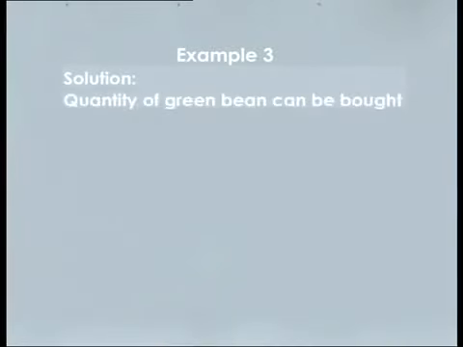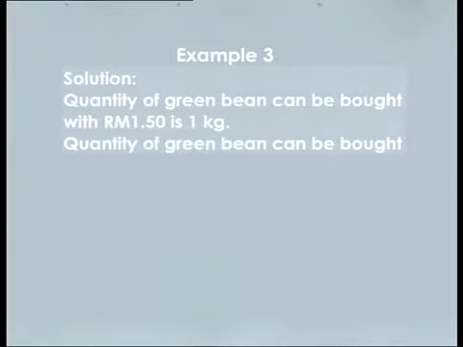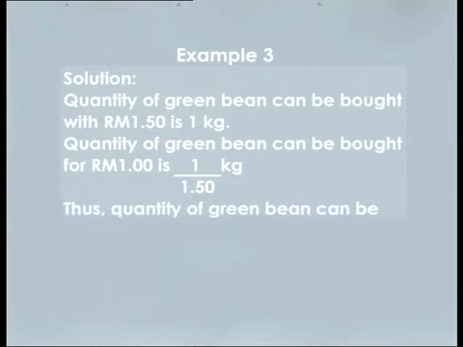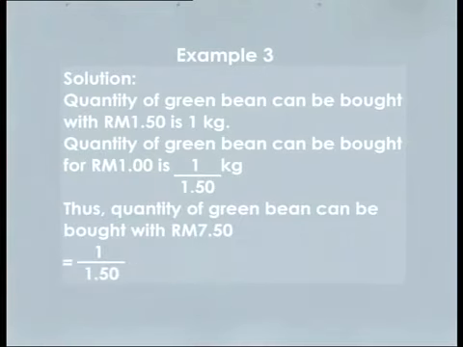Quantity of green bean that can be bought with 1 ringgit and 50 cents is 1 kilogram. Quantity of green bean that can be bought for 1 ringgit is 1 over 1.50 kilogram. Thus, quantity of green bean that can be bought with 7 ringgit and 50 cents equals to 1 over 1.50 times 7.50 equals to 5 kilograms.